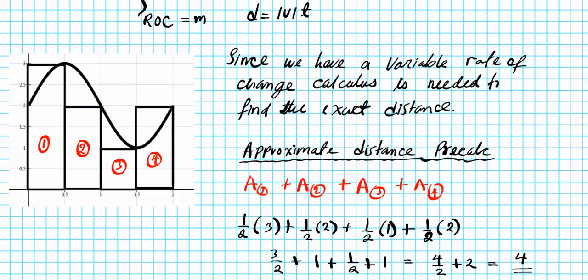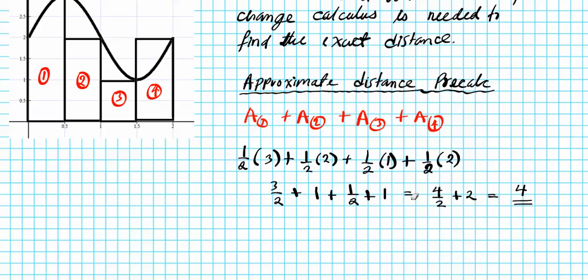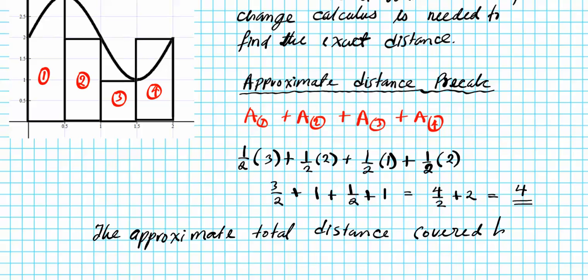So what does this answer mean? Let's contextualize our final result. The approximate total distance covered by the particle is 4 miles.